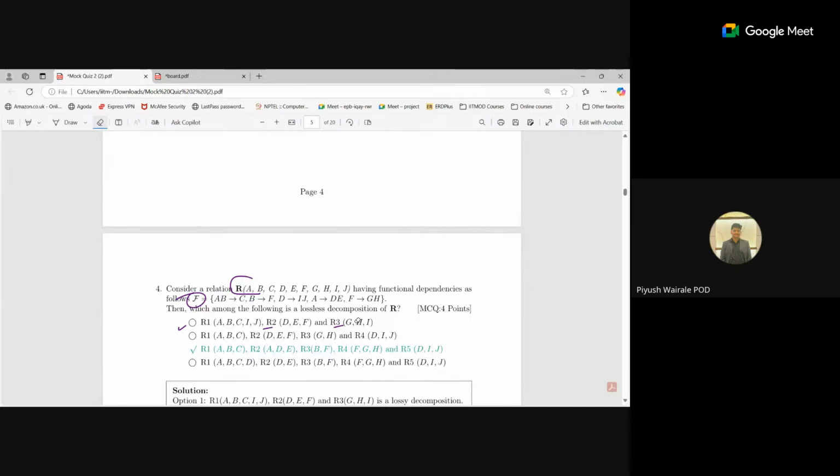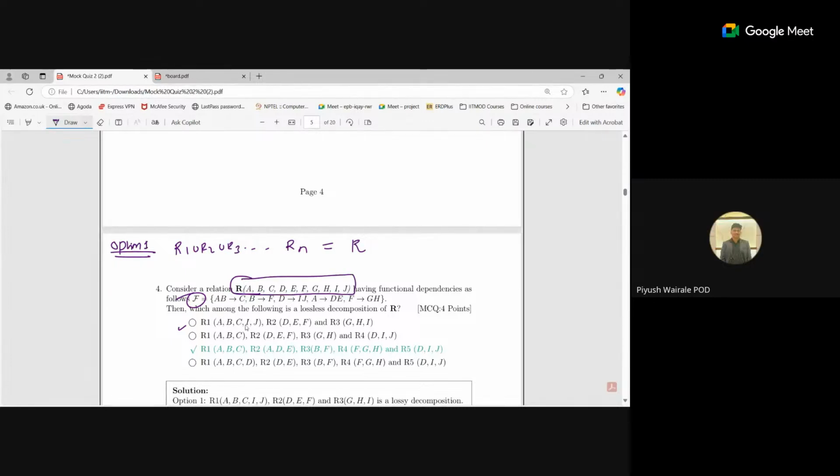R1 and R2 don't have anything in common. First check this condition: R1 union R2 union R3, whatever the number of relations we have, R5 or Rn, that should give me R. Every attribute should be covered, right?